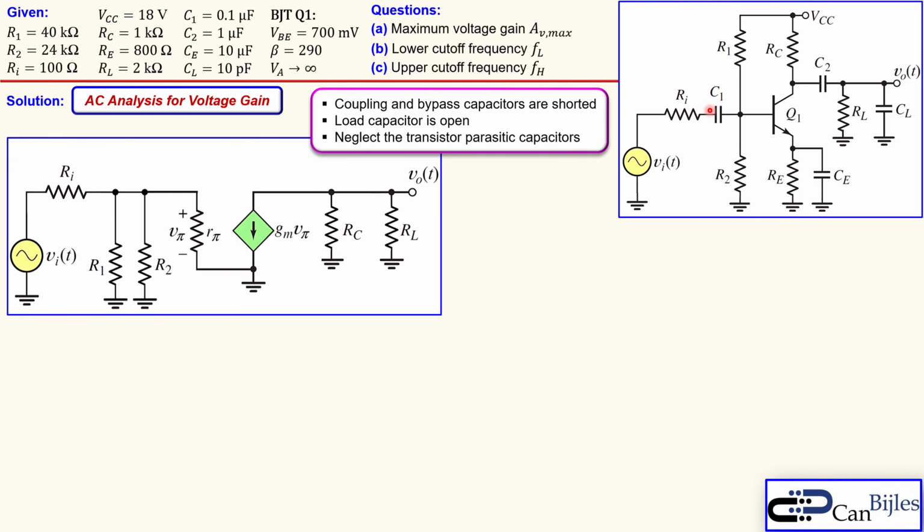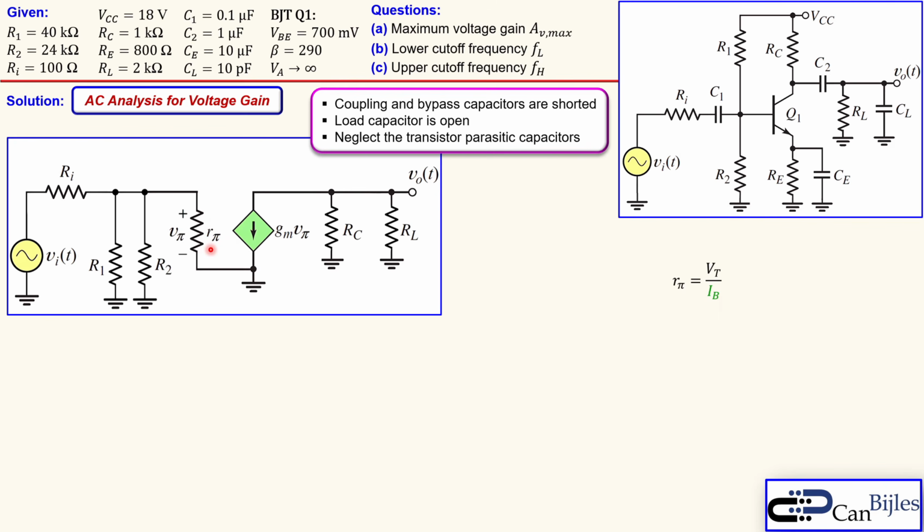All the capacitors are shorted and also the VCC is shorted, so you get this RC to ground, which is then effectively in parallel with RL, and the CL is open for this midband voltage gain analysis. C1 is also shorted, so that goes to RI, it's shown here, and the R1 is also going to ground effectively. VCC is shorted for the AC analysis, so you get also R1 and R2 in parallel here. So that's the circuit we will use for the calculation of the voltage gain here.